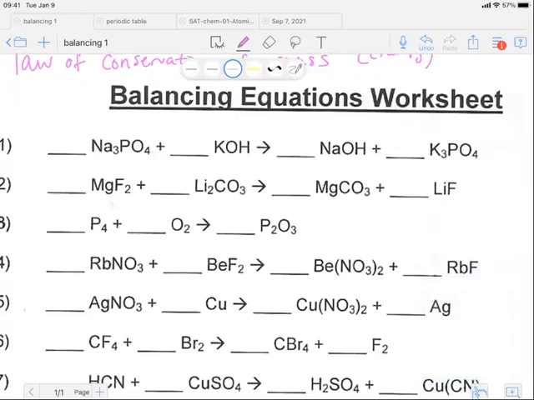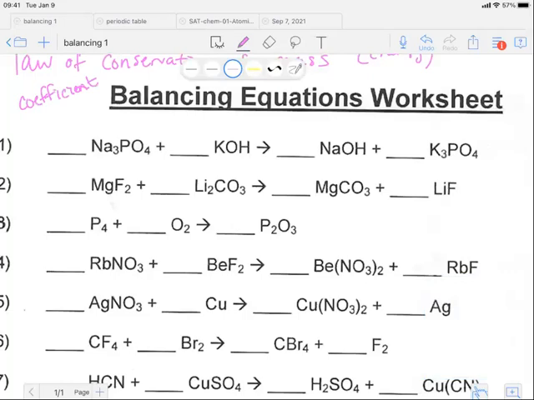And the way that you do that is you're going to add what's called a coefficient, which is just a small whole number in front of the chemical formula.